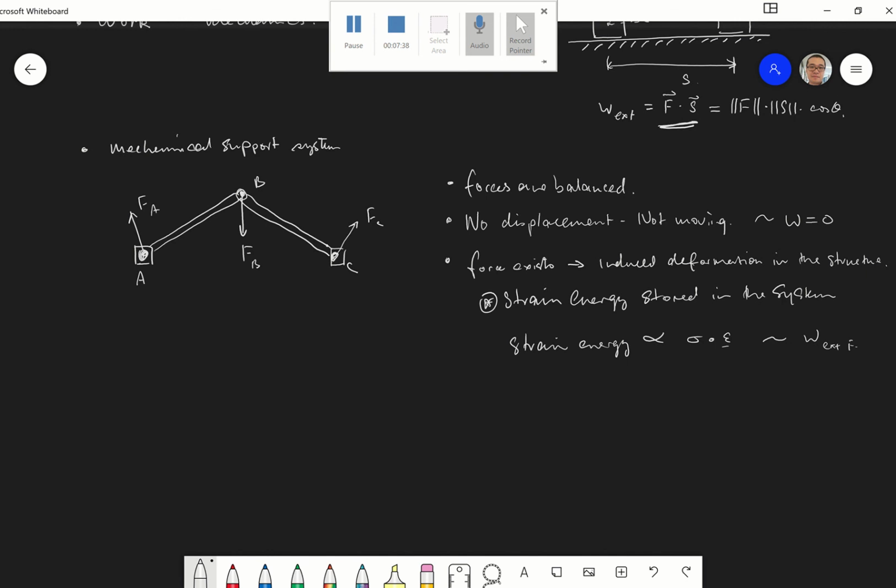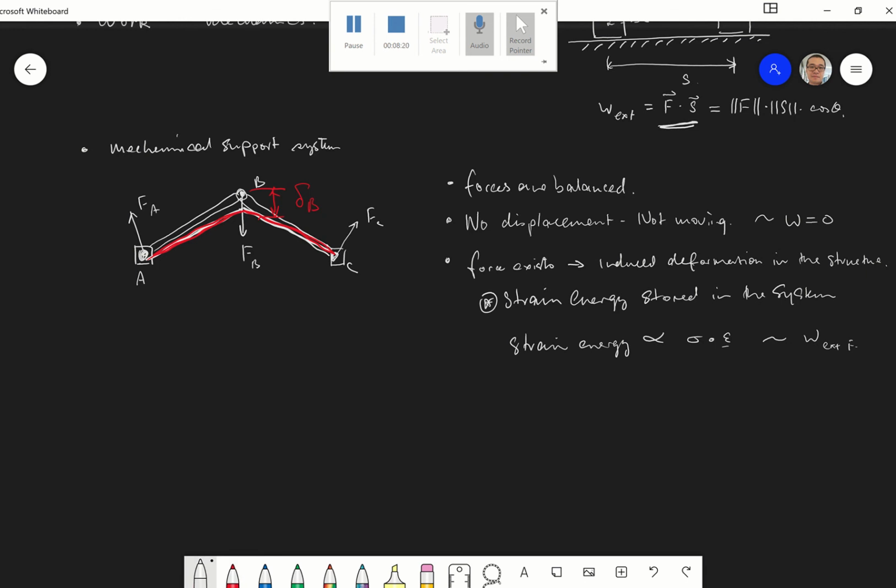So what we do is to think about what happens if these forces induce a very, very small displacement, or what we say a virtual displacement, delta B. Here we just imagine some small displacement has indeed been induced on this node that's moving.